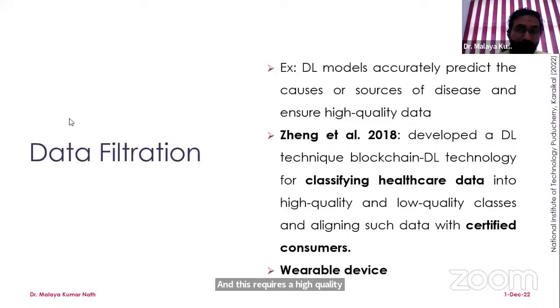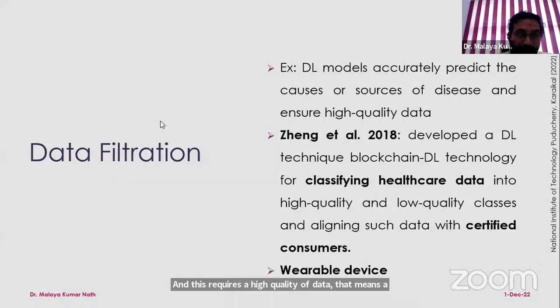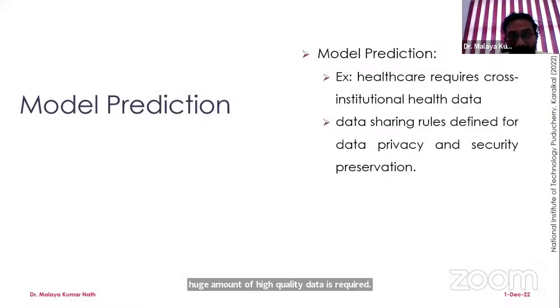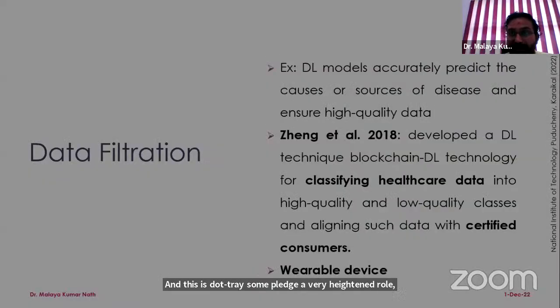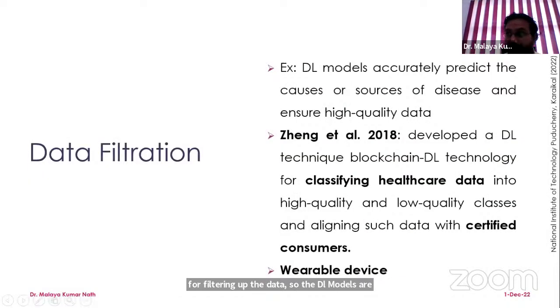That means a huge amount of high quality data is required, and data filtration plays a vital role in filtering out the data. So here, Jahang et al. in 2018 developed a deep learning technique in blockchain, known as blockchain-based deep learning technology, for classifying healthcare data into high quality as well as low quality classes and aligning such data with certified consumers.